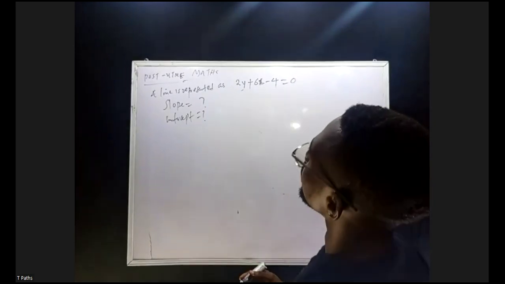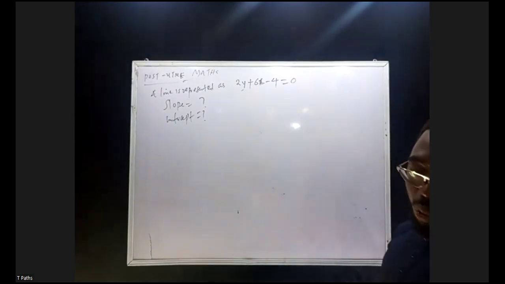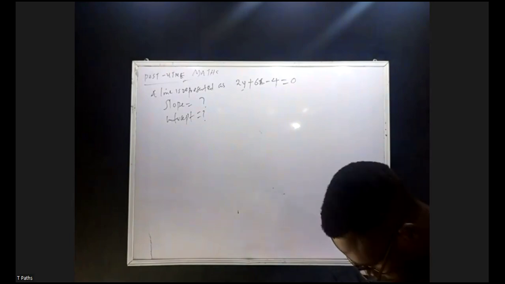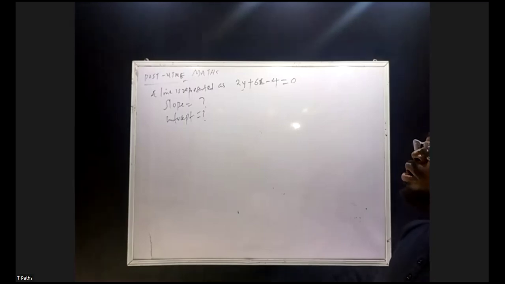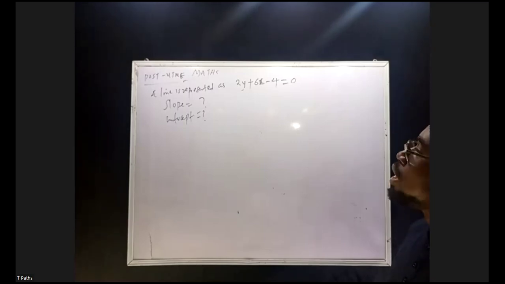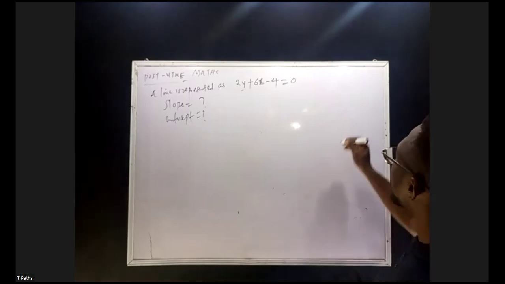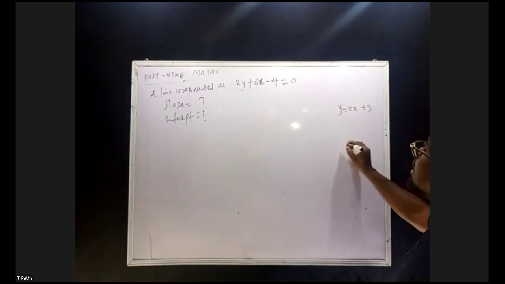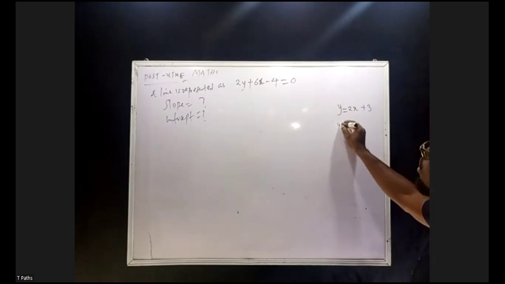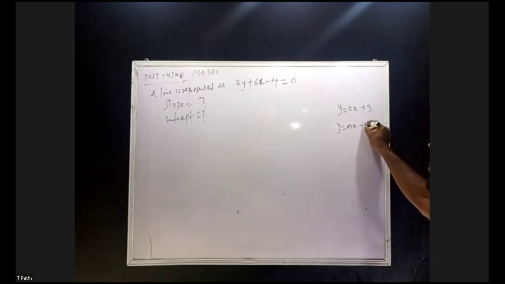This is what you are going to see in your exam. Very simple. I want to get the slope or gradient and also the intercept. You know that the one I just solved, I just did a comparison. I gave you y equals 2x plus 3. I just did a comparison with y equals mx plus c.